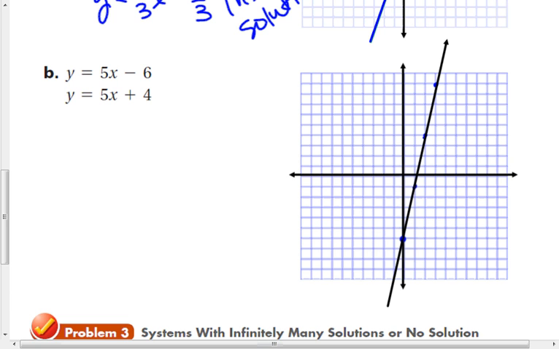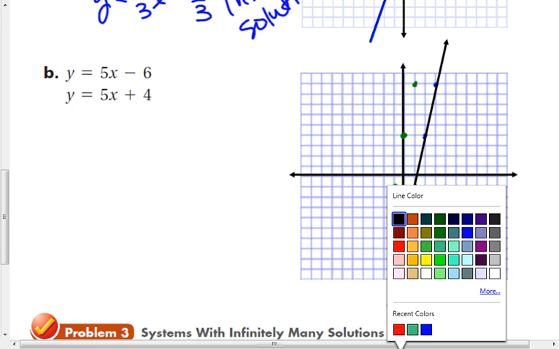And then our second equation has a y-intercept of 4 right there, and a slope of 5 again. So we'll go up 5 over 1, put that in, and we'll draw that line. Different color. All right, and that one looks like this.